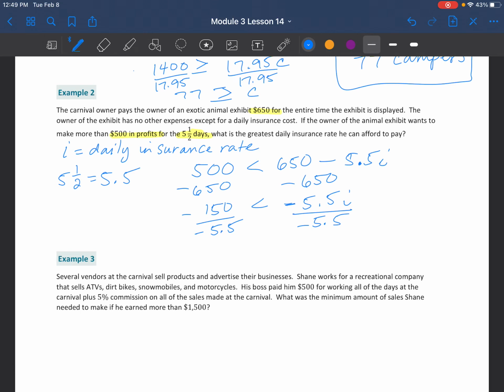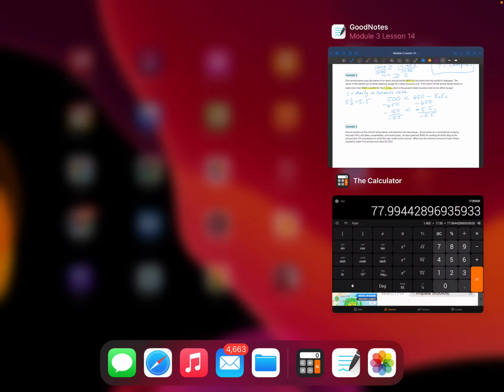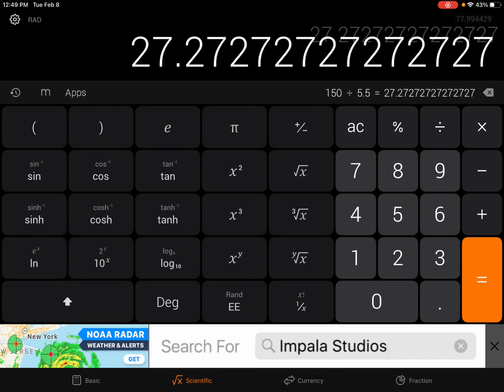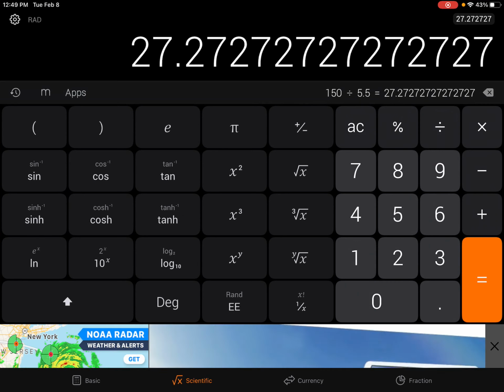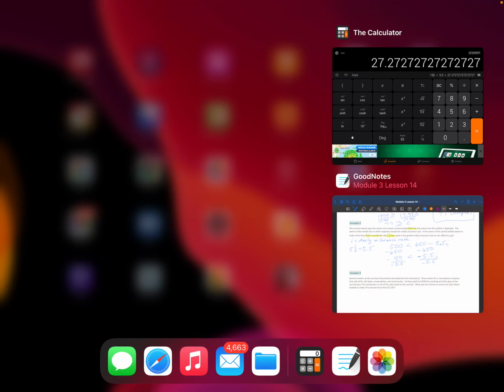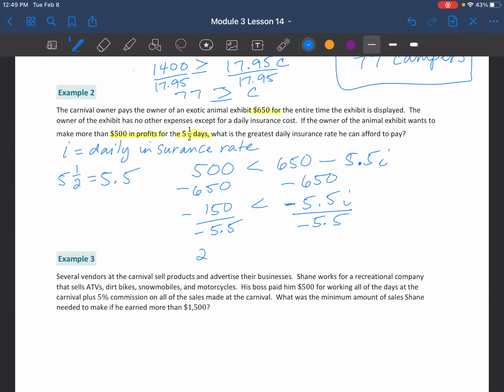Now we're going to divide both sides by negative 5.5. Now, here's the very important rule to remember. Because we're dividing by a negative number, we have to switch the sign. Okay, so let's first go find out what 150 divided by 5.5 is. That's 27.27.